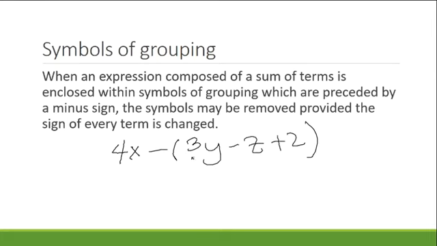So if a grouping is preceded by a negative sign, if we want to remove the grouping symbol, all we need to do is change the symbols for each term within that grouping. So, magiging negative 3y, magiging positive z, ito magiging negative 2.